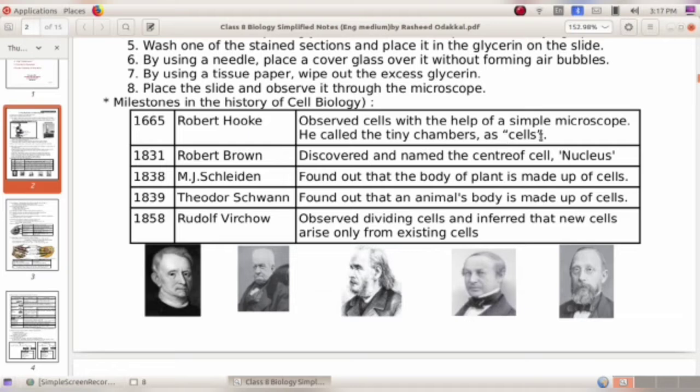He called the tiny chambers cells. 1831, Robert Brown discovered and named the center of the cell, the nucleus. 1838, M.J. Schleiden found out that the body of a plant is made up of cells. 1839, Theodor Schwann found out that an animal body is made up of cells. 1858, Rudolf Virchow observed dividing cells and inferred that new cells arise only from existing cells.